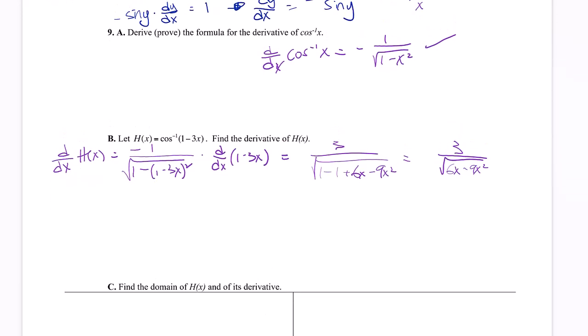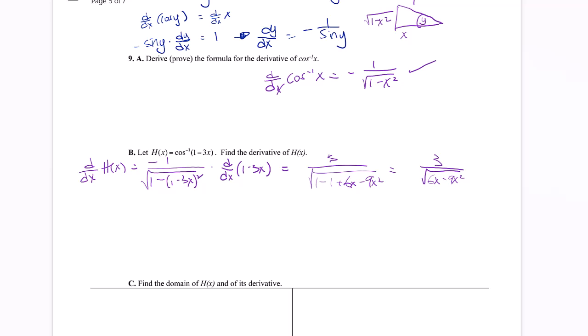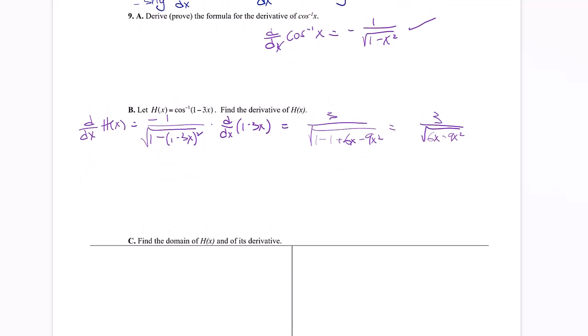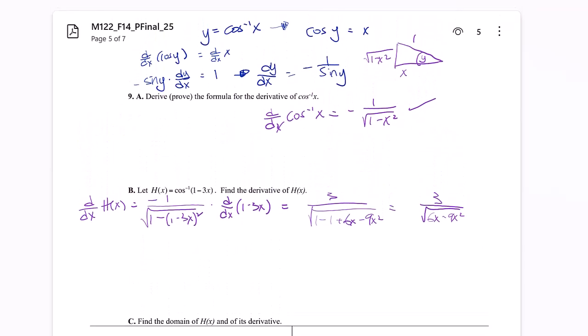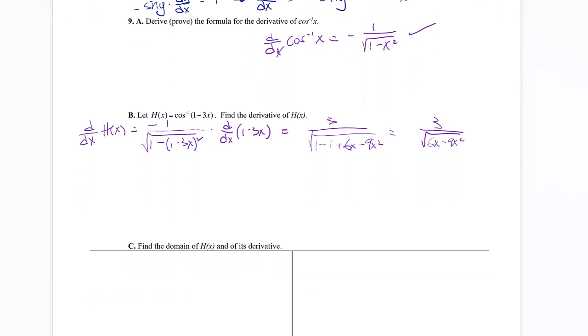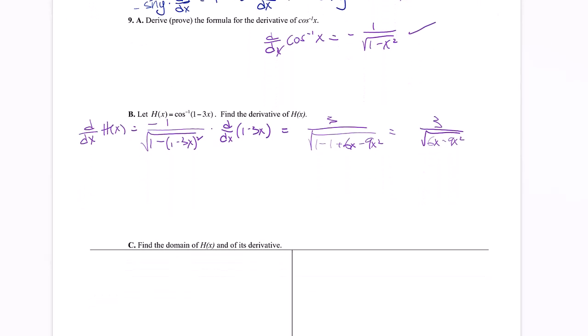Domain of h of x and its derivative. So the domain of h of x, we know that x is the answer you get when you take a cosine, which is the input of the inverse cosine. So therefore, it's going to be negative 1 to 1. That's what it always is for inverse sine and inverse cosine, for the argument.